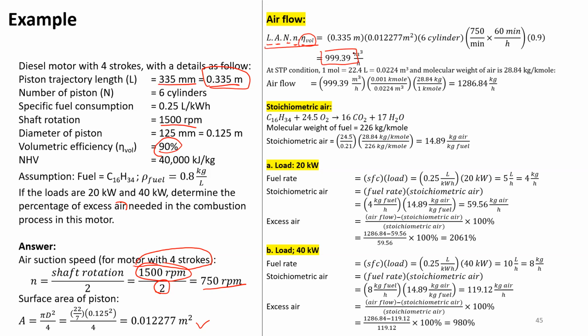This is still in cubic meters per hour. The one that we want to get is usually the airflow in mass per time unit, or in kilograms per hour.